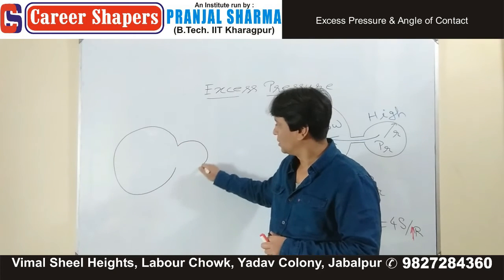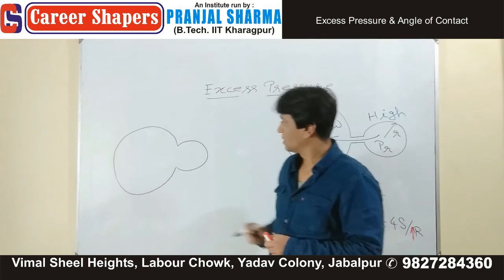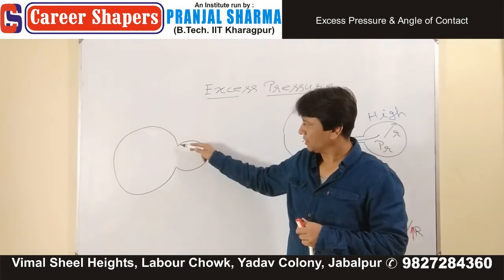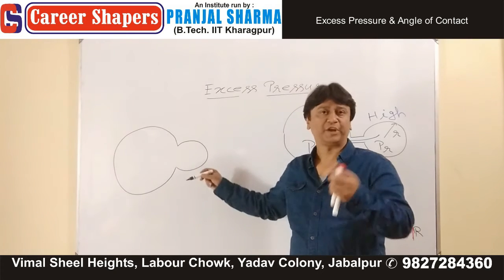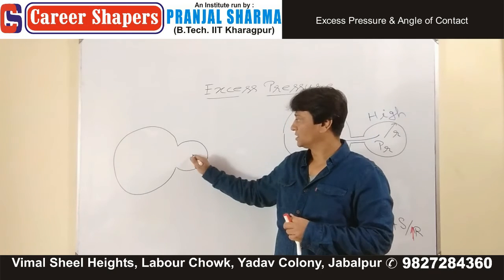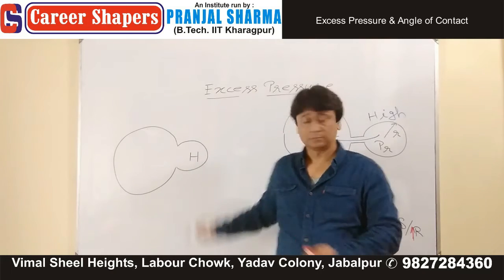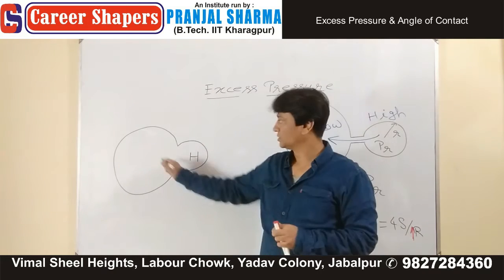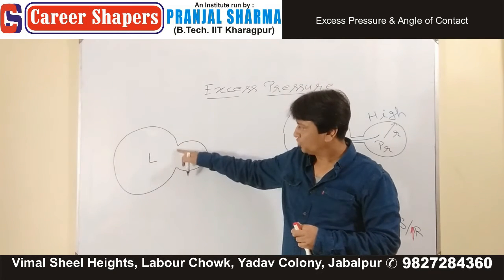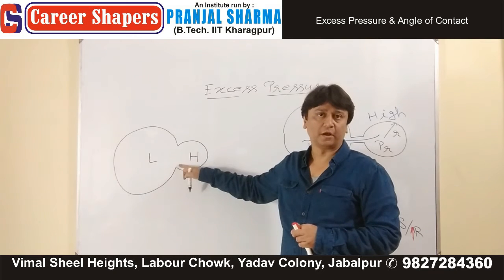This is the smaller one. Imagine a diaphragm at the junction, a thin sheet. This is high, this is low, and you have a thin sheet present here.